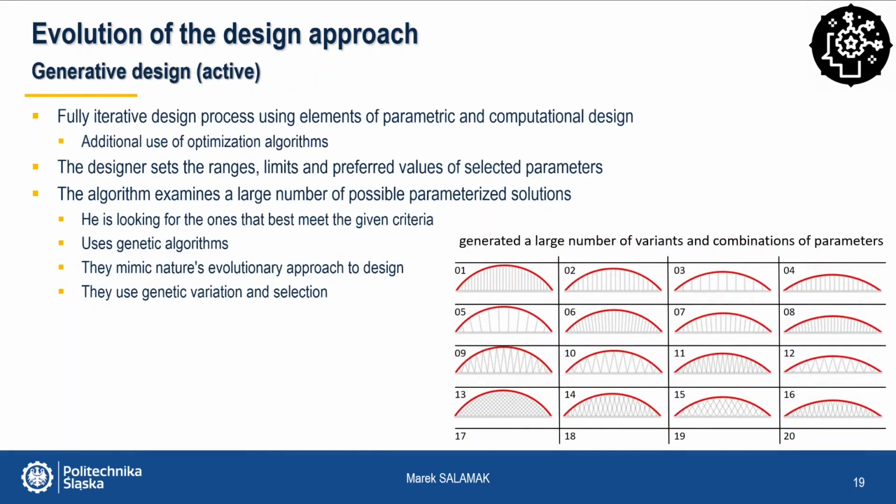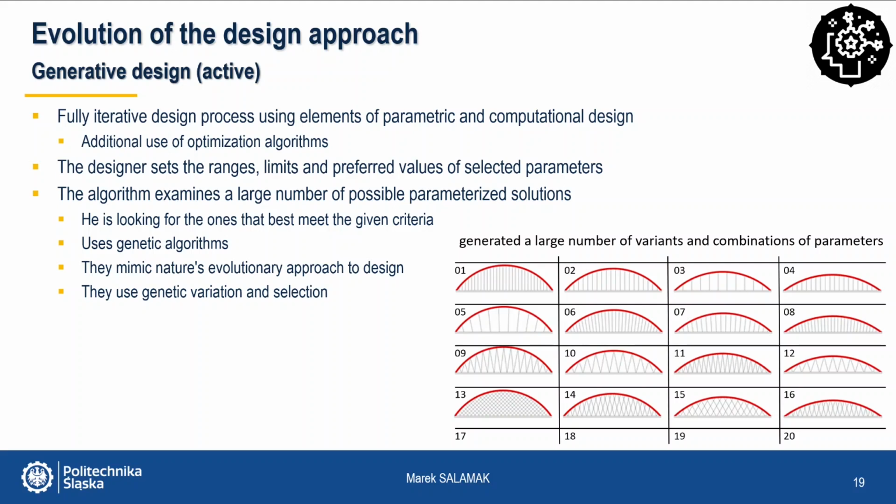On the other hand, an active approach is generative design and the accompanying optioneering. That's the optioneering approach. It is a fully iterative design process that uses both parametric and computational design elements, but with optimization algorithms.